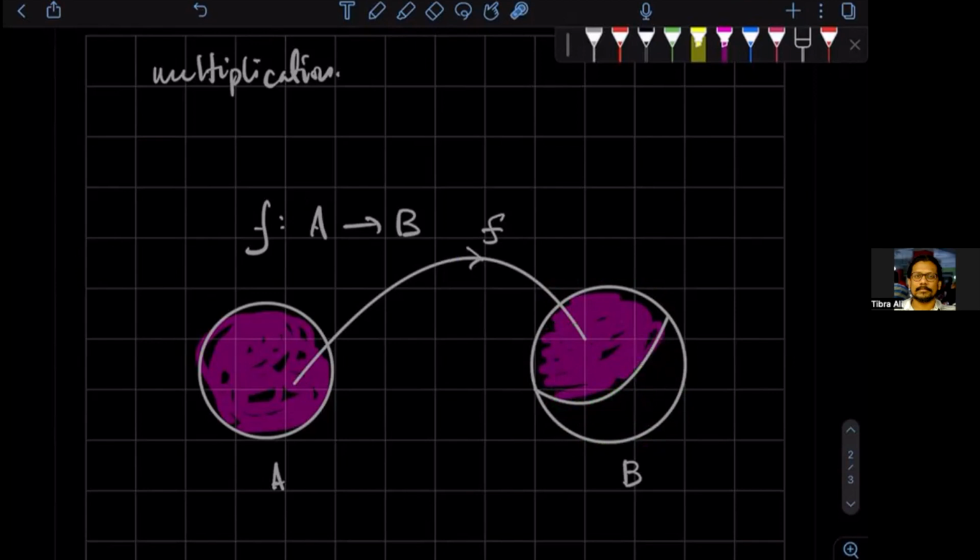So there is no guarantee that the image of F, which may or may not be the whole of B, is a group under the same multiplication.